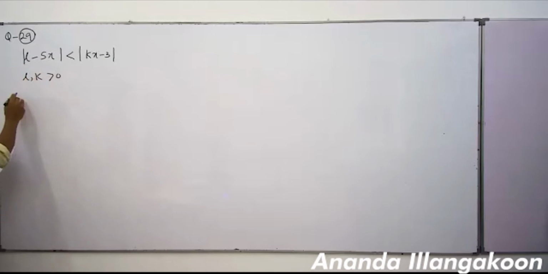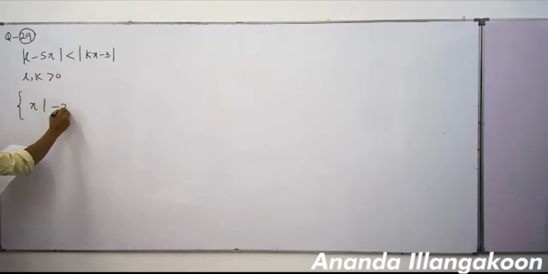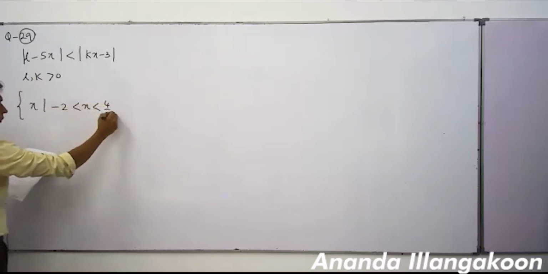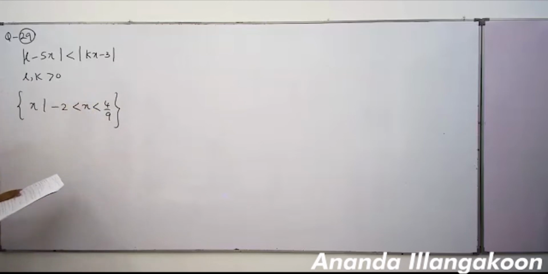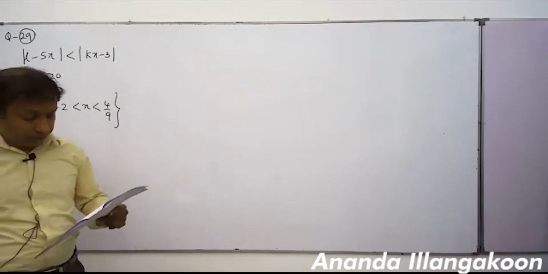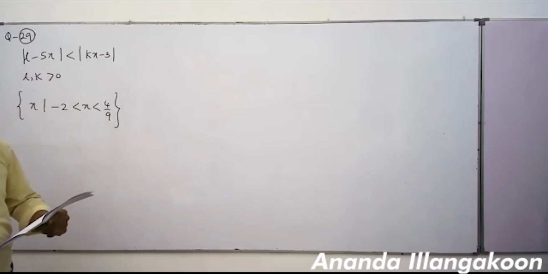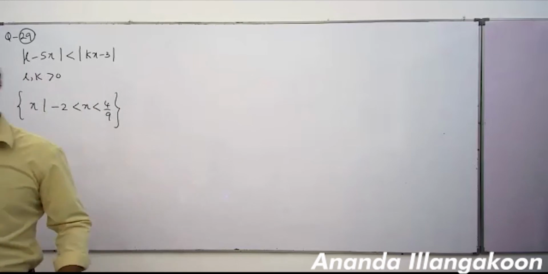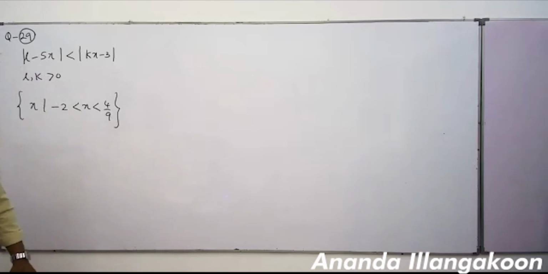This happens in the interval of x between this. Sketch the graphs of y equals mod L minus 5x and y equals mod kx minus 3. He asks to sketch these two graphs. Both L and k are given, people, as positive.